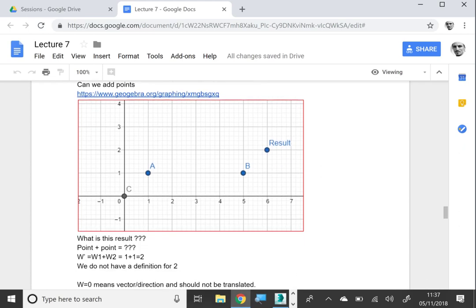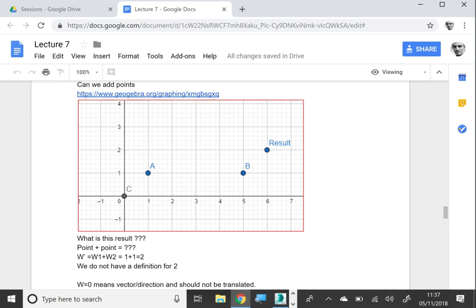If we add point A to point B, we get a result. We get another point. But is it meaningful? Pretty weird, and I'm not so sure it's useful. What tells us that it's weird is that when we add the w's together, we get a 2. We've defined what 0 is and we've defined what 1 is.